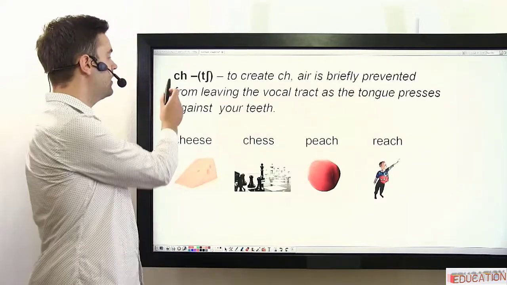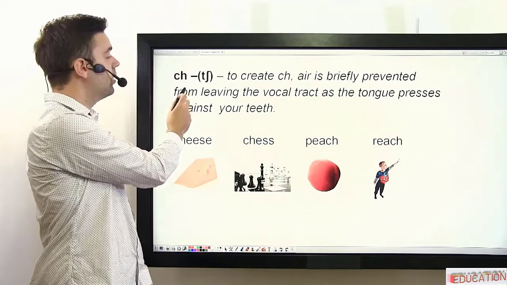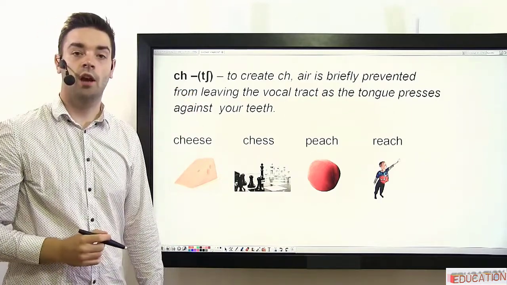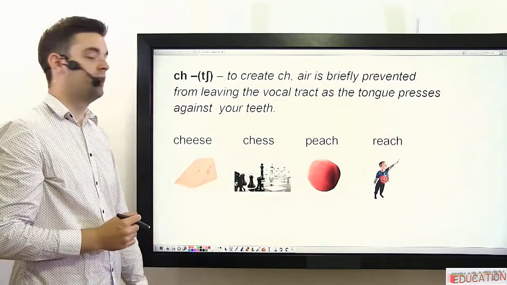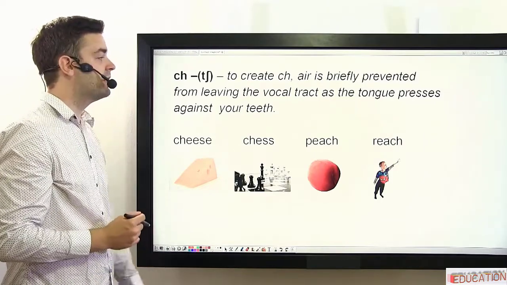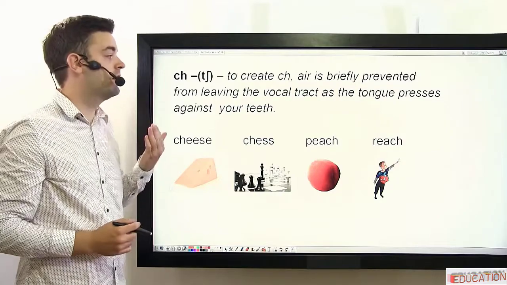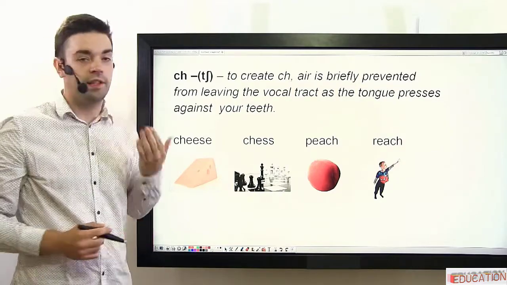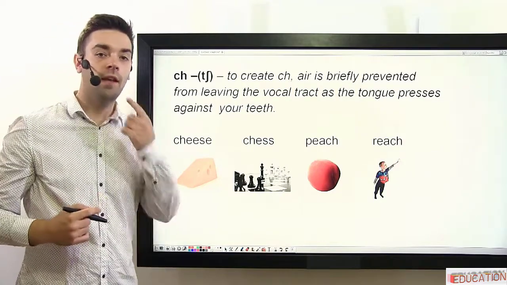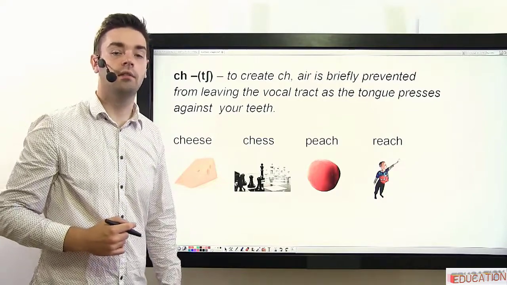When we join C and H, we get a ch noise. So this is when air is briefly prevented from leaving the vocal tract, as the tongue presses against your teeth. So look at me, cha.